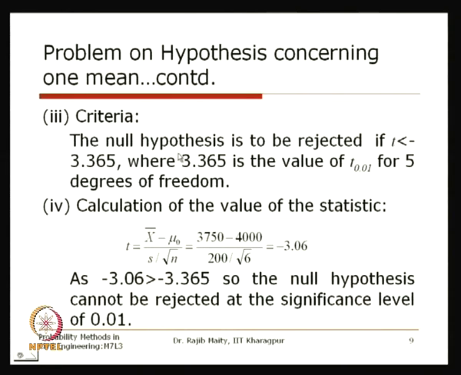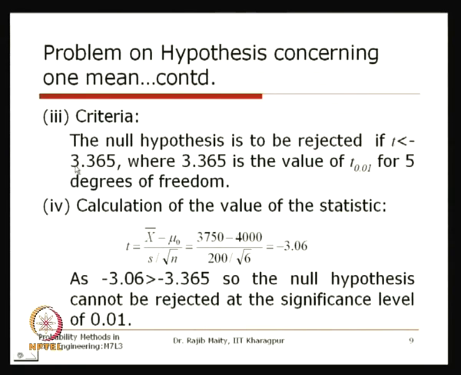So, the criterion here depends on the level of significance. It is a one-sided test, so this t alpha for 5 degrees of freedom, from the standard table in a standard textbook, is 3.365. If the test statistic t is less than minus 3.365, then we have to reject the null hypothesis.